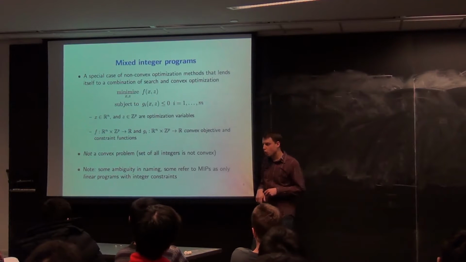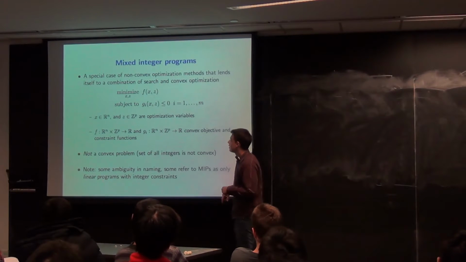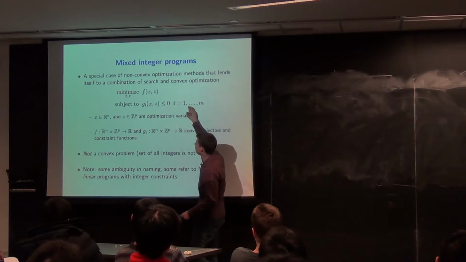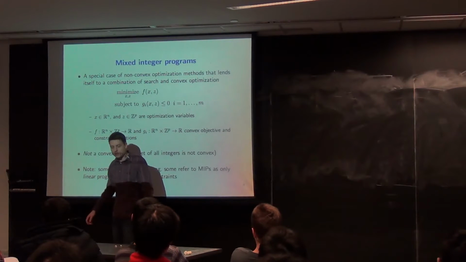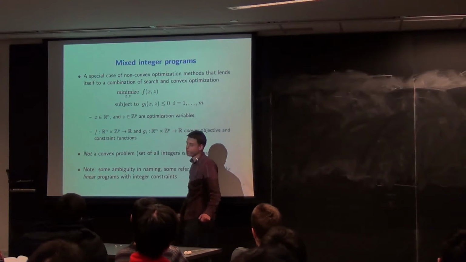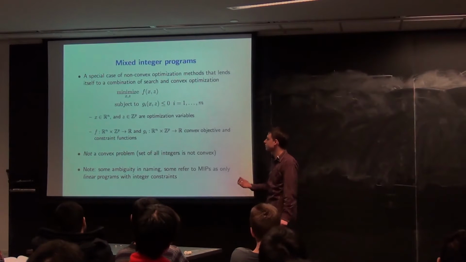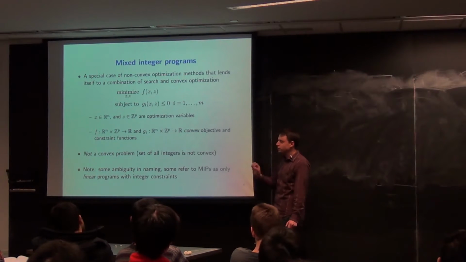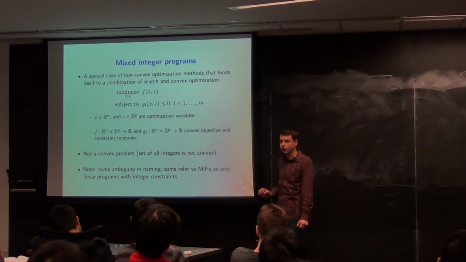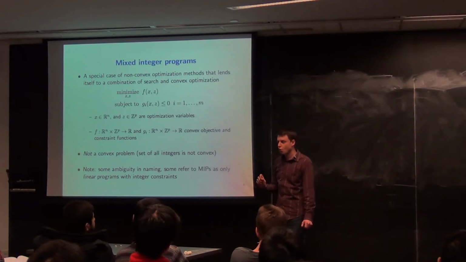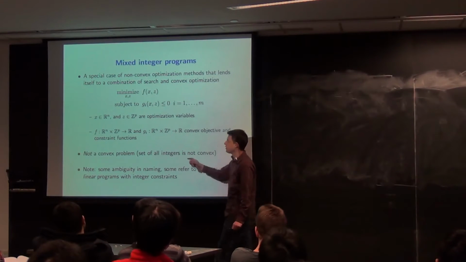And the way we're going to do this is we're going to introduce a class of problems called mixed integer problems, or mixed integer programs. These are a special case of general non-convex problems where we now have two sets of variables.